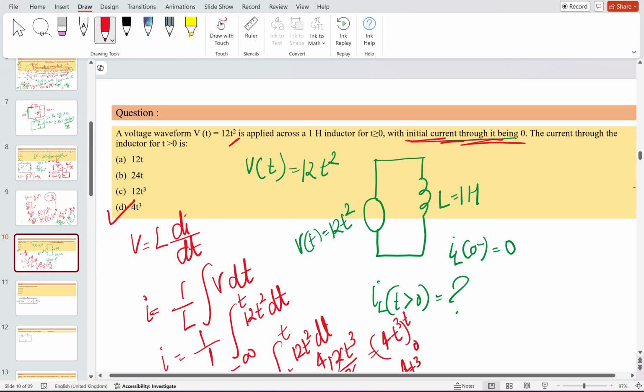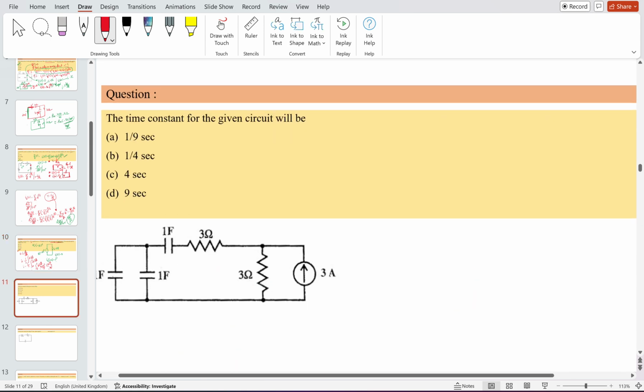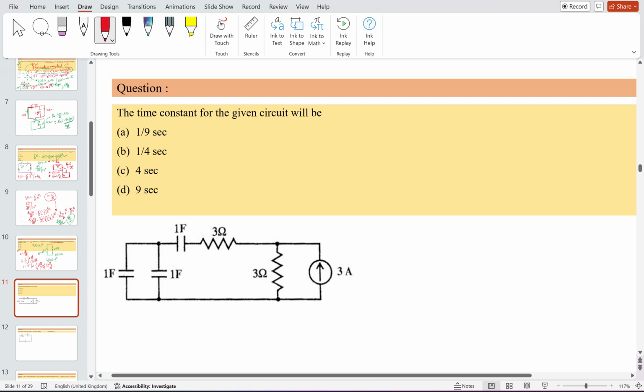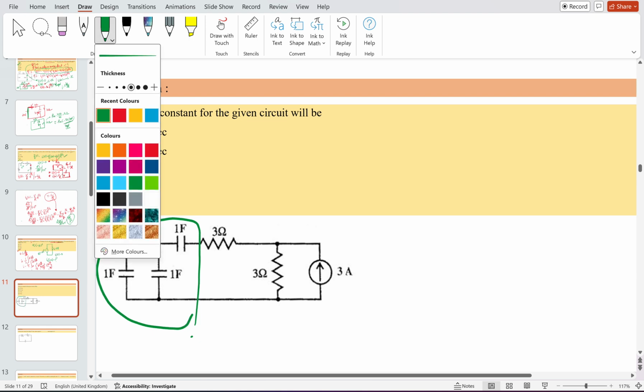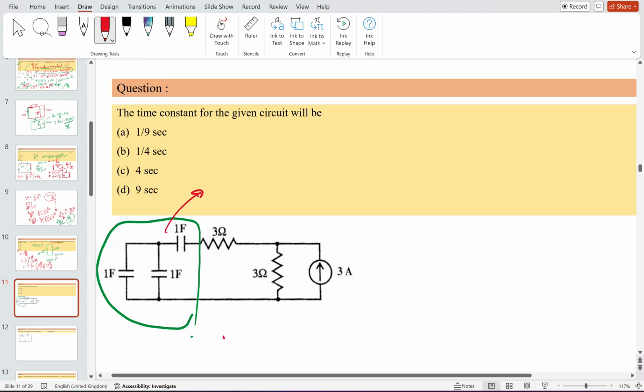Let's move forward. Let's try to solve this problem from whatever concept I have given. Here you can see that there is not a single capacitor, but you can apply the concept of the time constant because you can make an equivalent of these capacitors. You can make a C equivalent out of this.